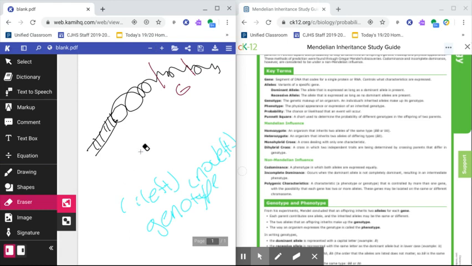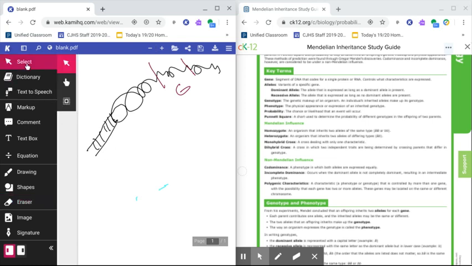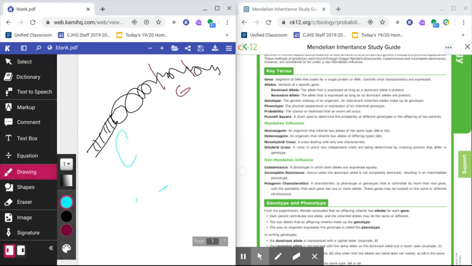So we could be a big C, big C, or a little c, little c. And that's what's known as a genotype. The genotype just tells us which allele we get from which parent.